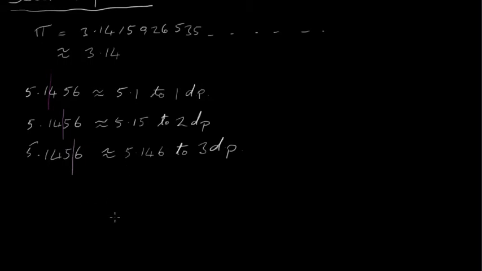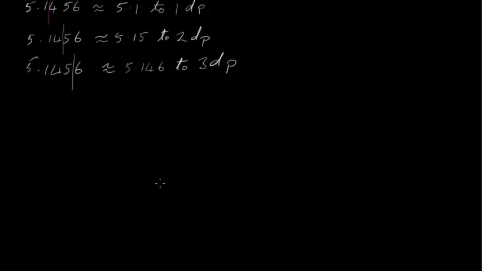Now, I'll just take one more example, and I'll take, let's say, 0.00391. Now I'm going to round that to 3 decimal places. So here's 1 decimal place, 2 decimal places, 3 decimal places.